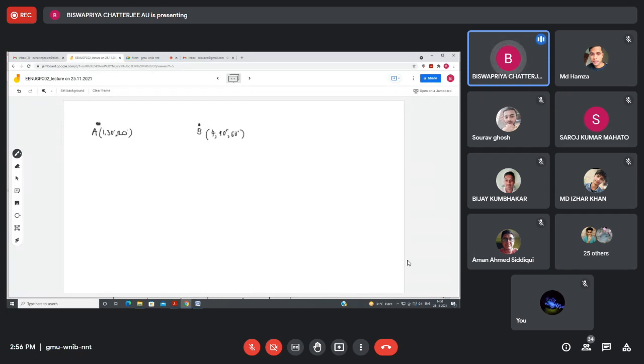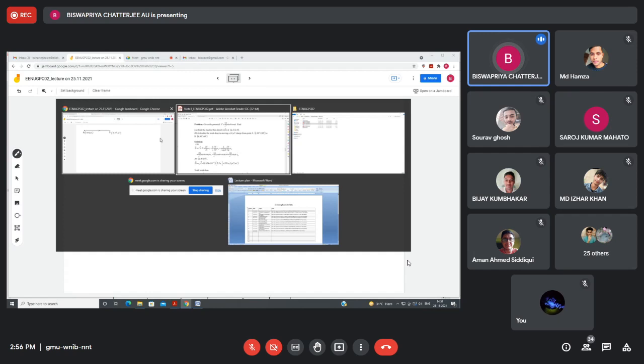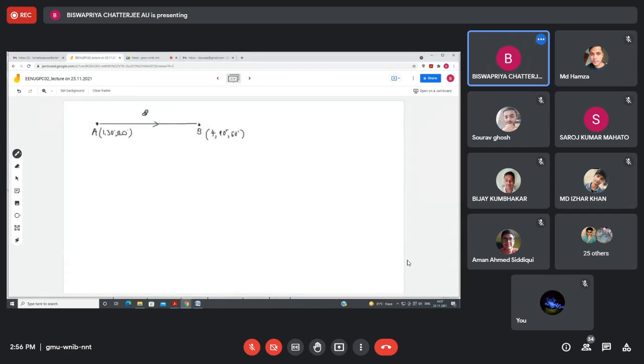So you need to traverse a charge. Its magnitude is 10 microcoulomb. 10 microcoulomb charge, you need to traverse it from A to B. In doing so, you have to calculate what will be the amount of work done. Okay?